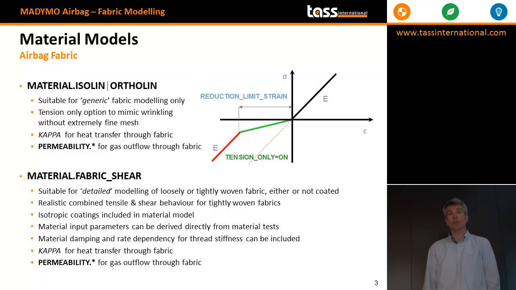Ideally, of course, you would like to have a very fine mesh, but that will have a price, a very high CPU time. So typically the element mesh is about 1 centimeter. But that's not sufficient to capture wrinkling properly. For that reason, the reduction limit strain reduces the E in compression, and due to that you mimic the wrinkling effect. To prevent total collapse of your element, at the end you will get the E modulus back again.